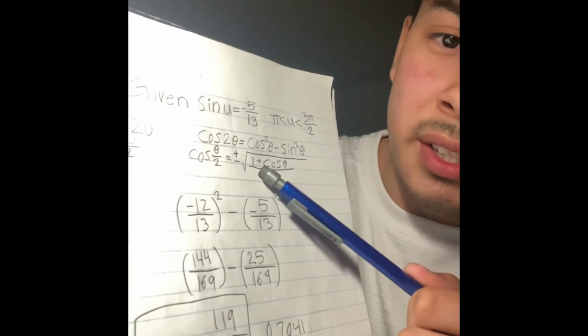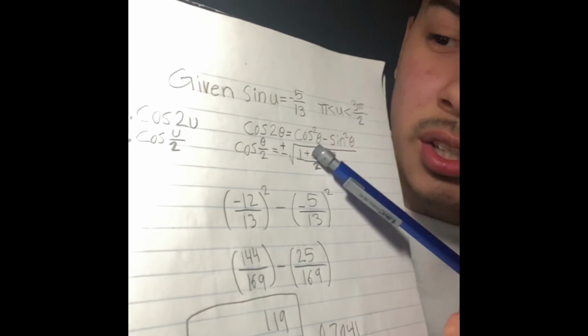So now that we know what values to use for cosine, in the formula it shows plus or minus the square root. Since cosine is negative in quadrant 2, we're going to use the negative value for what we get once we're done calculating everything. So let's write down cosine again.